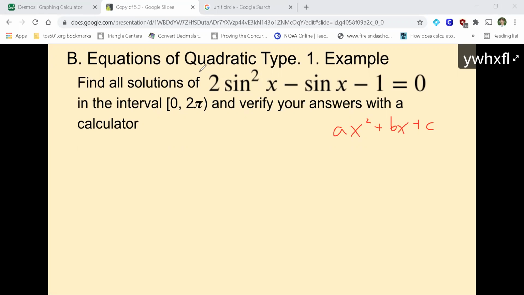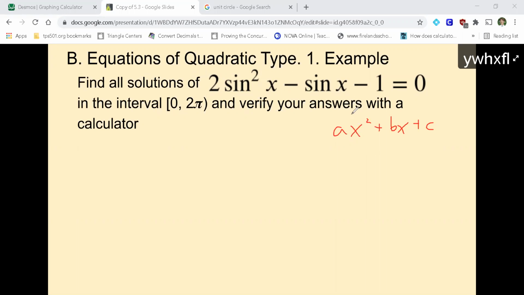And as a result of that, you could solve this equation the same way you would do in algebra 1 and algebra 2. You could factor it, you could use a quadratic formula, or you can graph it and find its x-intercepts. There is one catch if you're using the quadratic formula.